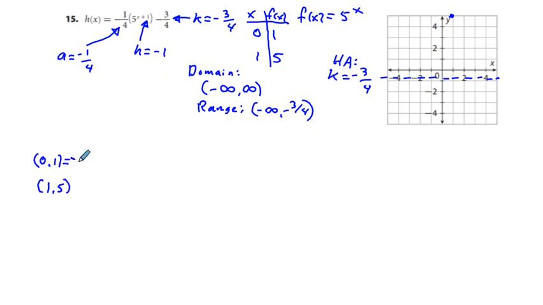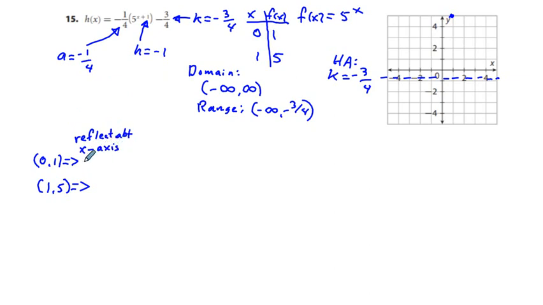Well, the first thing we have is a negative number here. So what we're going to do is reflect about the x-axis. I'm going to put down here, reflect about x-axis.